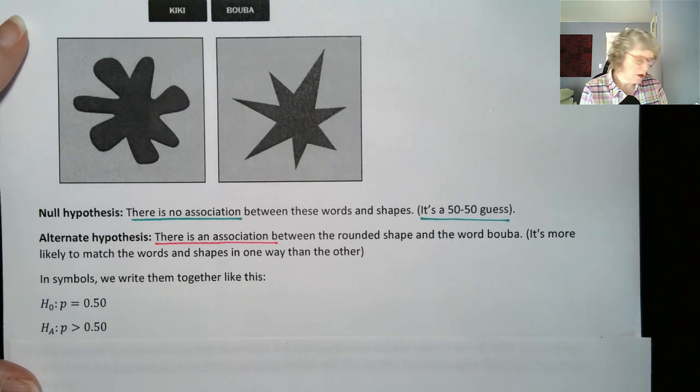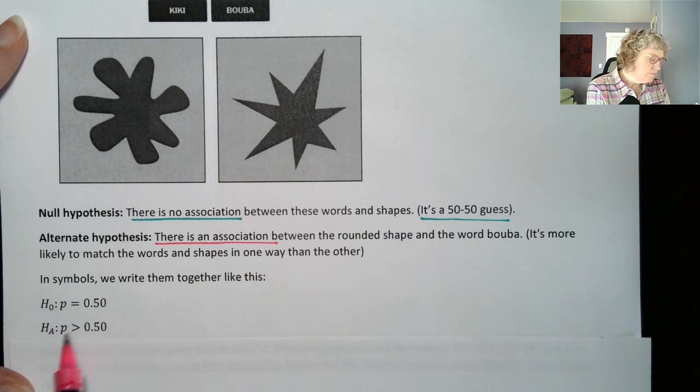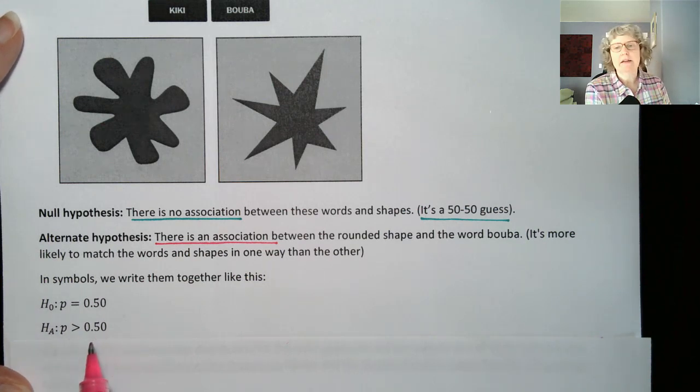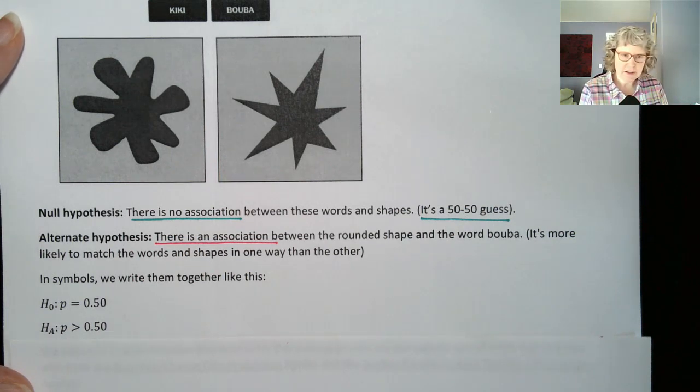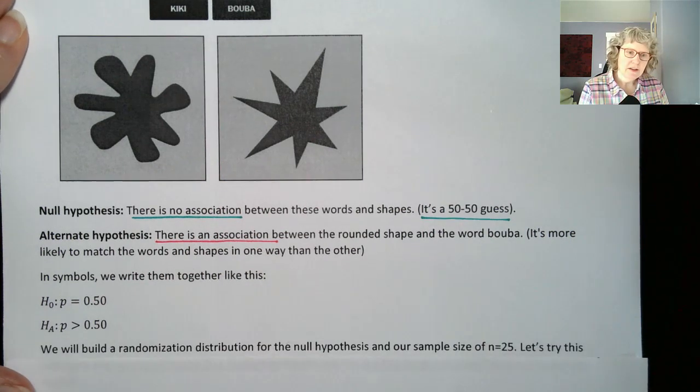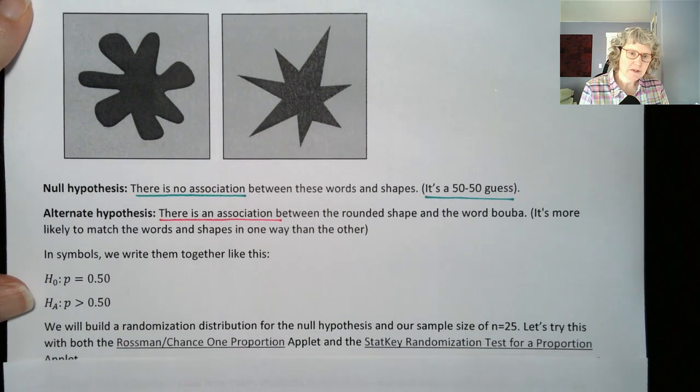That's our null hypothesis. And then the alternate is that it's more than 50% likely that the words and shapes will be associated in one way. And we're saying rounded with Booba. Remember, this is just an overview, so don't worry too much yet. You're going to get exposed to it, and then I'll go over it in more detail. But I think it's helpful to see it in context first.